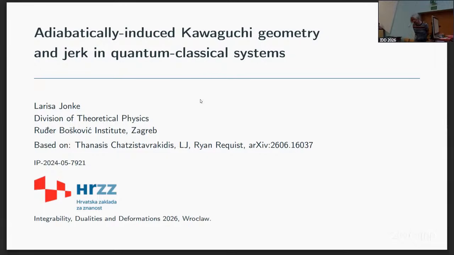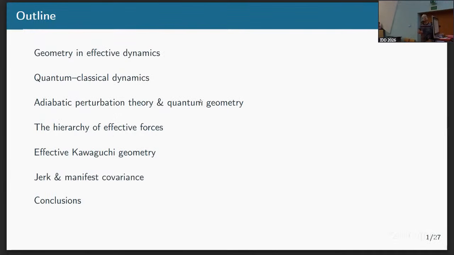What is interesting in this procedure is that along the way we discovered how a new type of geometry, which we didn't know about before, appears in the effective equation, and how the third time derivative of position, which is jerk, appears in what happen to be non-Newtonian equations of motion.